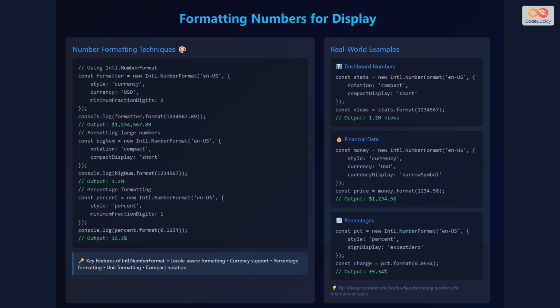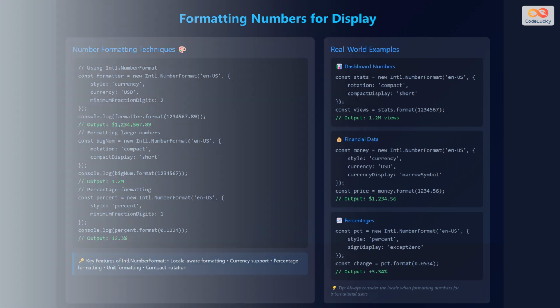Similarly, a big number, 1,234,567, can be formatted to a compact notation, resulting in 1.2M. Percentages can be formatted, with a value of 0.1234, resulting in 12.3%. Always consider the locale when formatting numbers for international users.